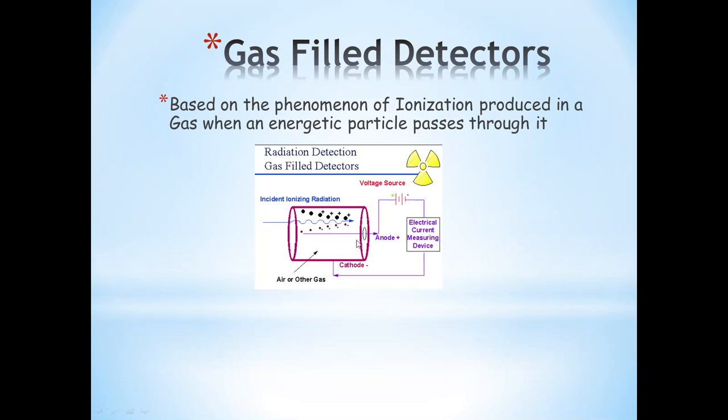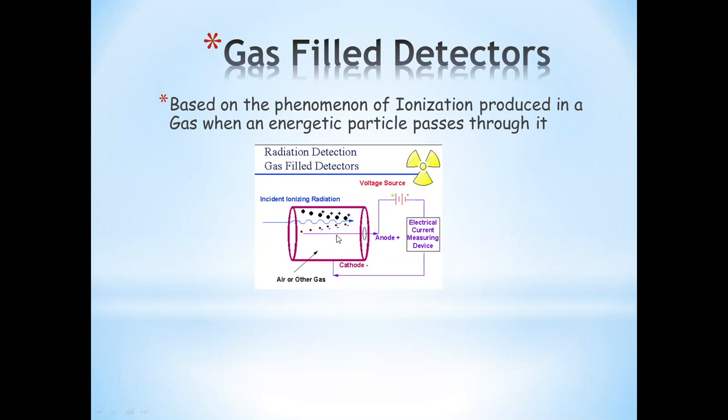There are two electrodes. In this case, this is the anode, which is in the form of a wire, and this is a metallic chamber which serves as the cathode. Between the anode and the cathode, a high voltage is applied. Usually this chamber or the detector is filled with air or another gas.